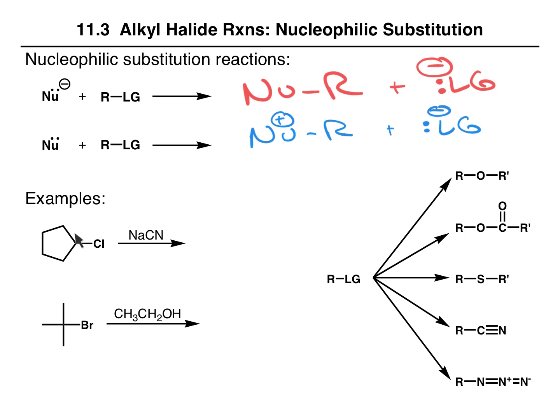We might have cyclopentyl chloride, and we can treat this with sodium cyanide. Now remember what we reviewed way back in chapter 1, ionic versus covalent bonds. When we're thinking about sodium cyanide, we have a sodium cation, and then we have cyanide as the anion, a negative formal charge on the carbon. This is the nucleophilic atom.